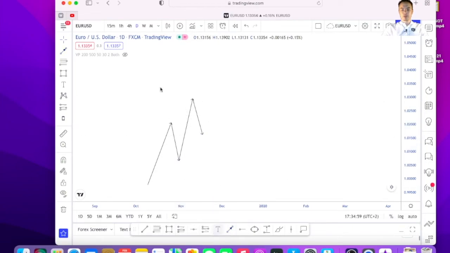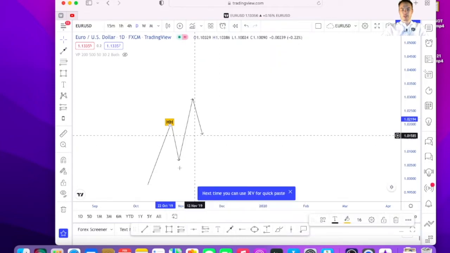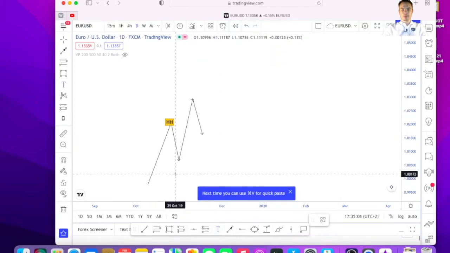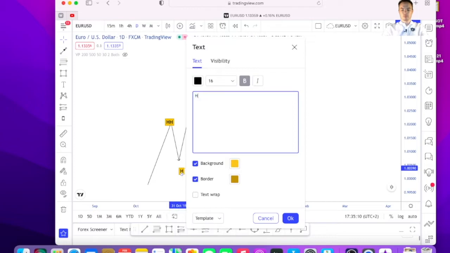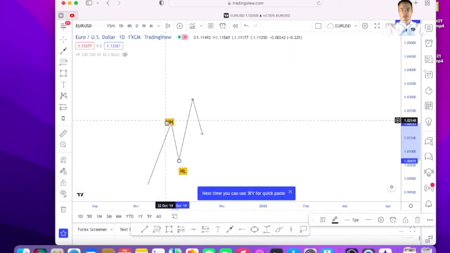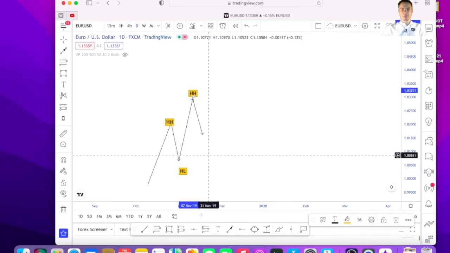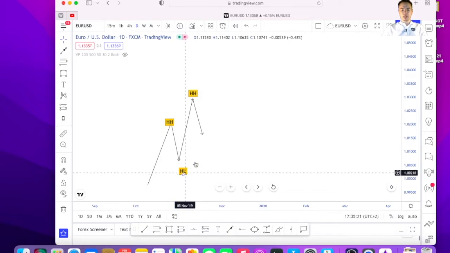Okay, so here we have a higher high, higher high. Over here we have a higher low. Here again we have a higher high, higher high. Over here we have a higher low.